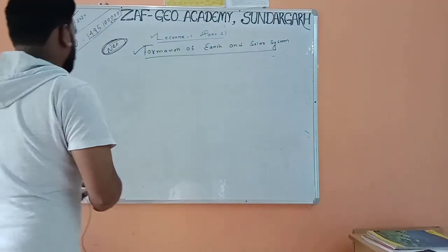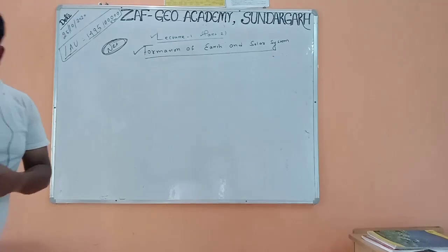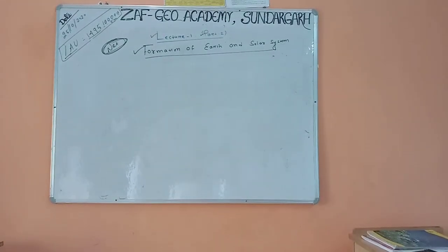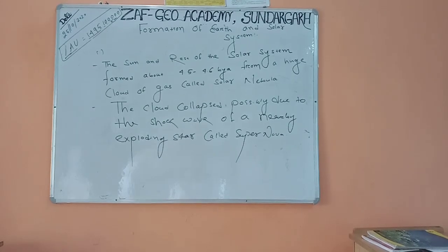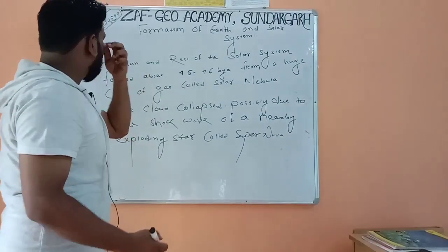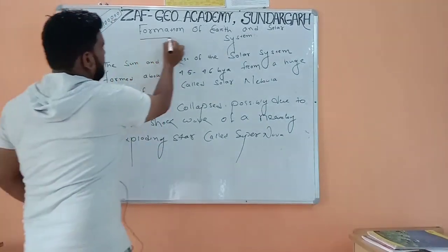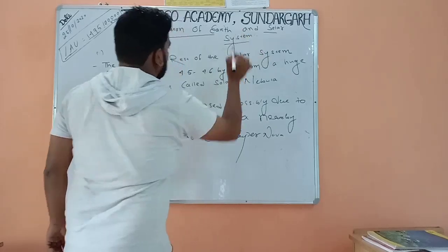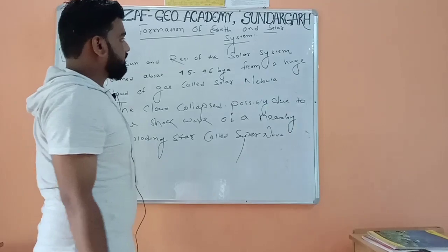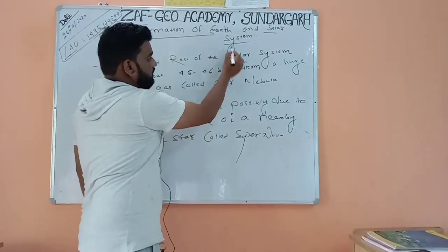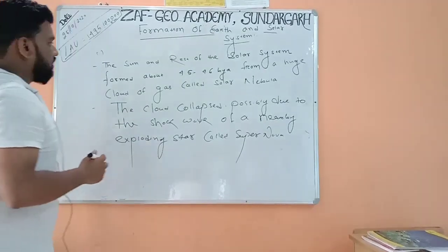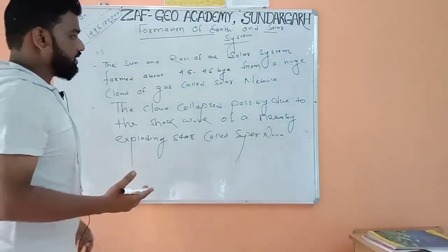Now let's move on to the topic, formation of Earth and solar system. So I told you in the discussion question that the Earth and solar system came into existence simultaneously. That means both have the same age. Now, how did they come into existence?